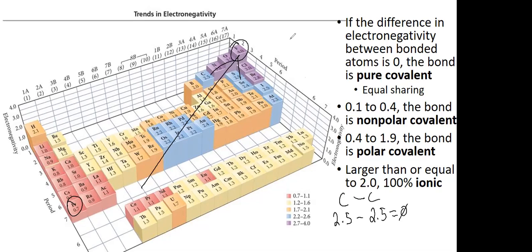If it's between 0.1 and 0.4, we call that nonpolar covalent. That is, you're in a covalent bond and you still share your electrons pretty equally. So an example there would be carbon and selenium, carbon and Se.